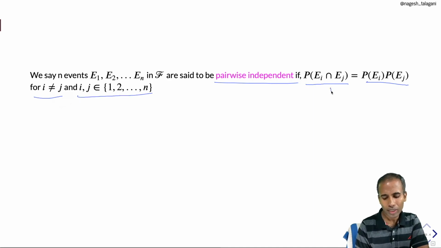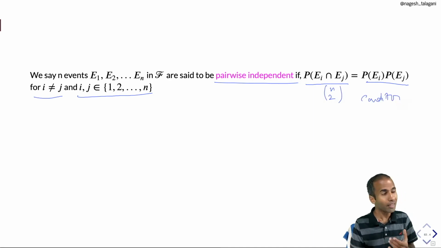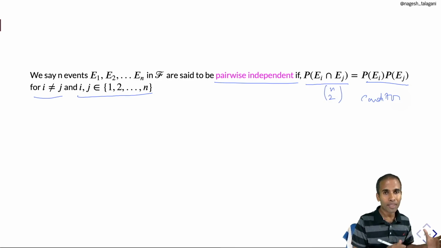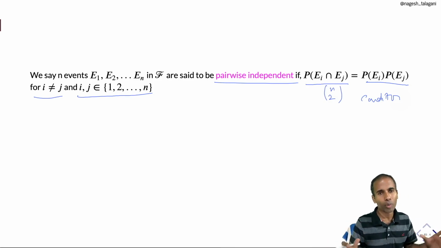Here there are only n choose 2 conditions to check. This is a little bit weaker than independence; independence means something stronger. Here we only want any pair to be independent. This is not the same as mutual independence. This is called pairwise independence.